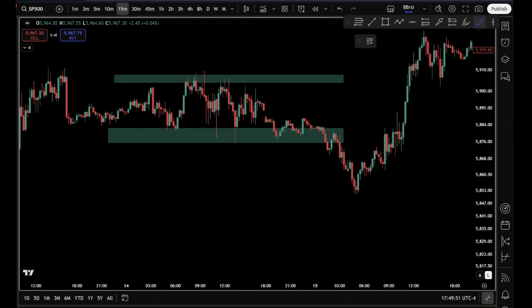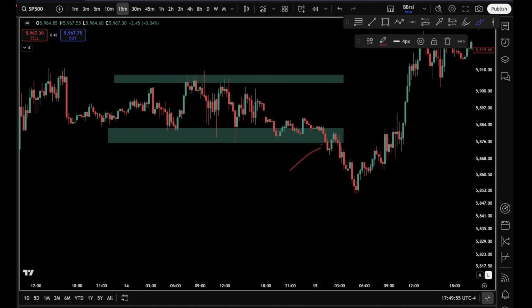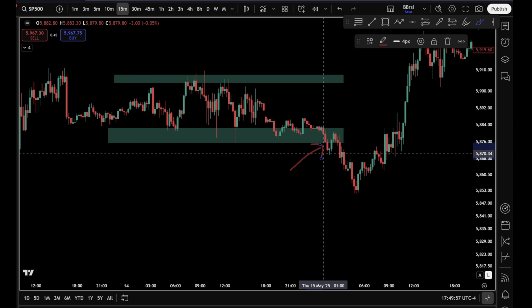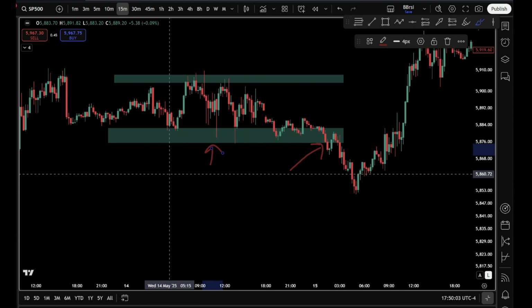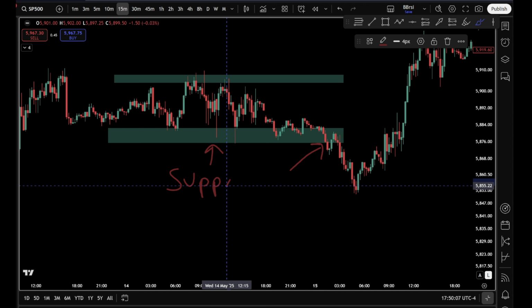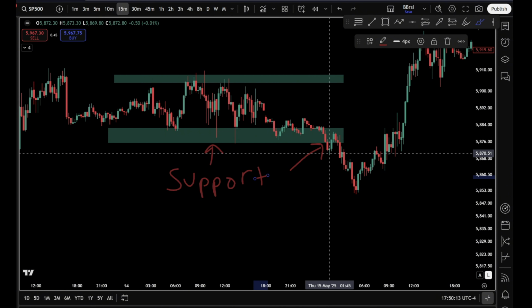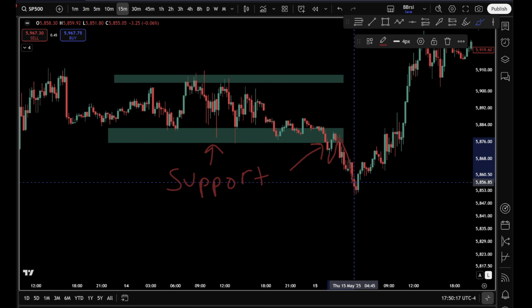For example, right here, we see that the price broke from this resistance, from this support right here. Support. And it came down here and then went back to retest and broke down.